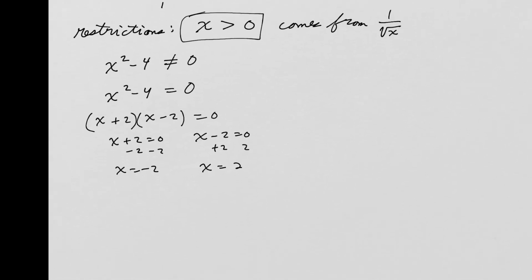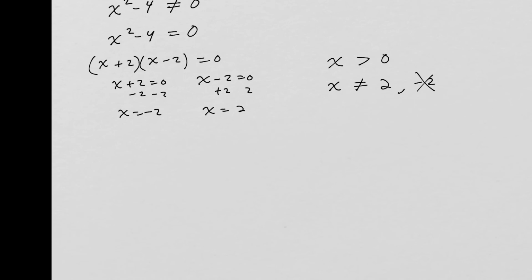So I know several things now. x has to be greater than 0. x cannot equal positive 2 or negative 2. Well, I don't have to worry about negative 2, because I know x has to be greater than 0, so that eliminates it anyway. But it also can't be positive 2. So how do I write this out?